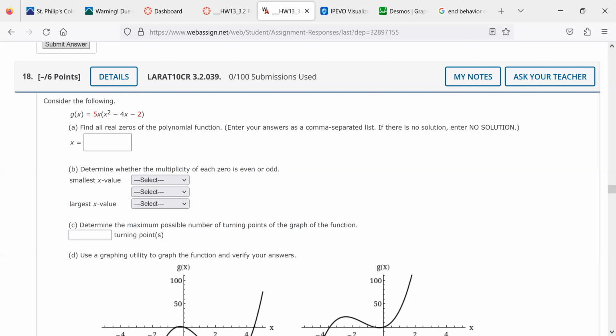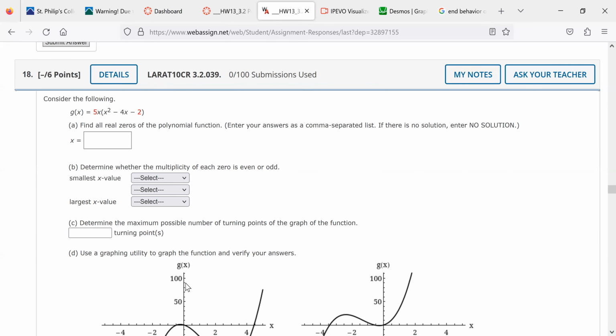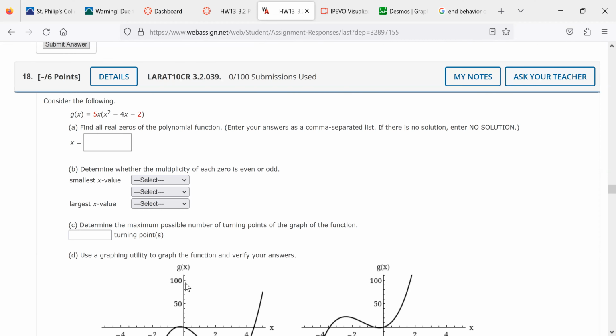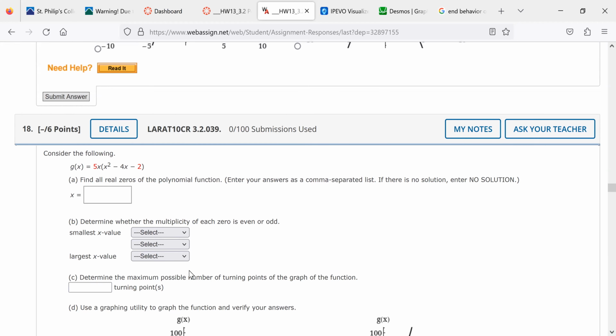We should probably factor though, right? Might as well. Does this factor pretty? Doesn't look like it. Interesting. That's lame.